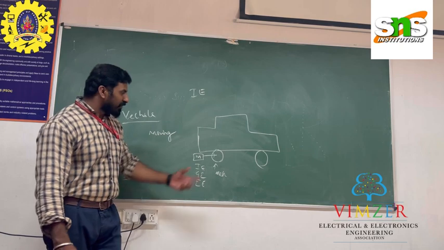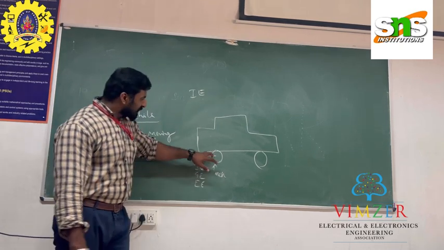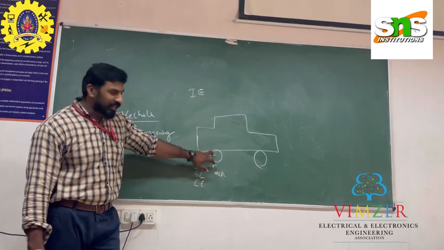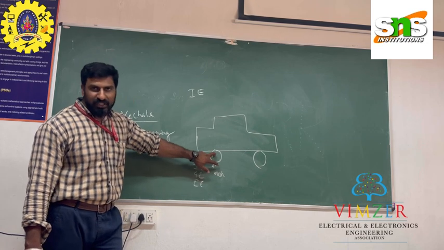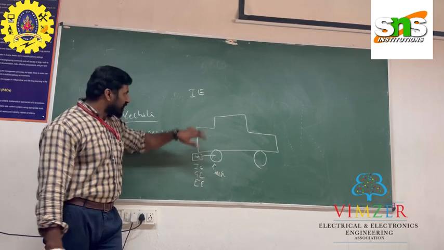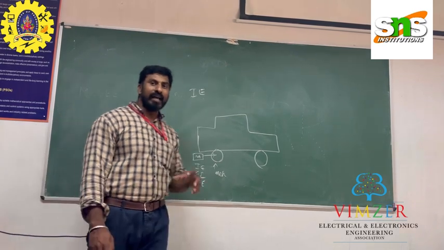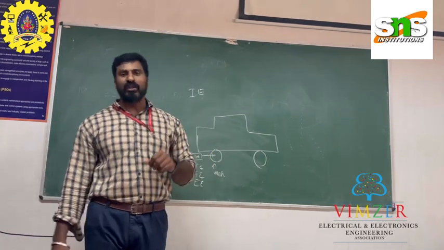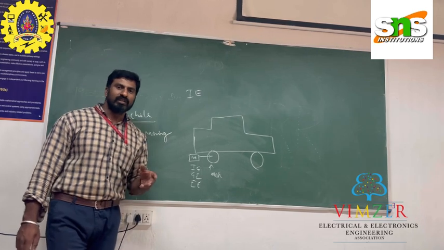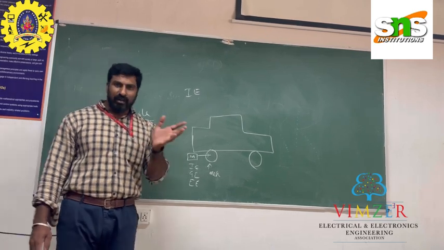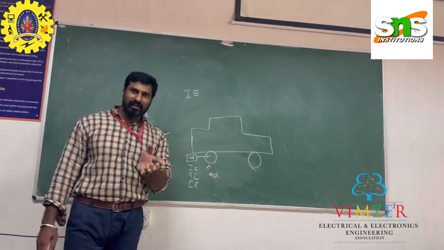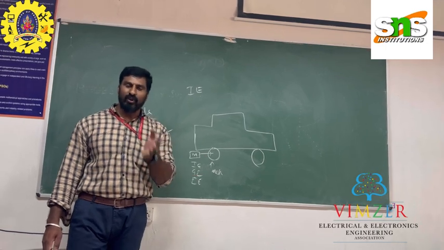Now we have one more doubt. Vehicles are not directly connected by the shaft to the wheels, because the engine output will be high RPM with low torque. We need to convert it to high torque, or otherwise low RPM with high torque.